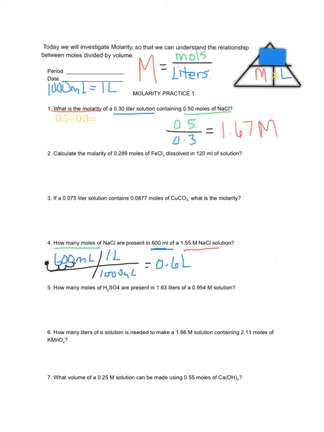All right, so let's do this. We're solving for moles. How many moles? We're going to take our molarity and multiply it by our volume. Our molarity is 1.55, and we're going to multiply it by 0.6.